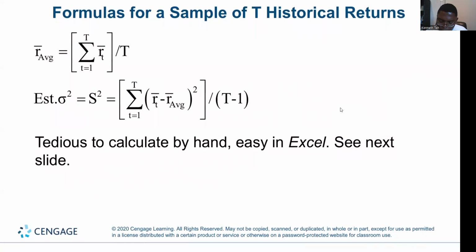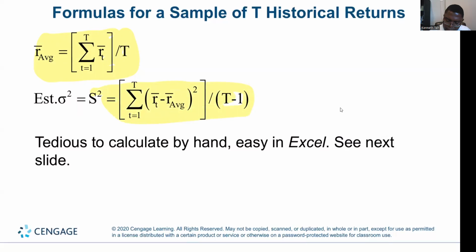So this is the formula for calculating the average return and the risk using historic data. The average return is basically the sum of all the returns divided by the number of returns, which is T. And then in calculating the risk, we calculate the standard deviation and then we take the square root.